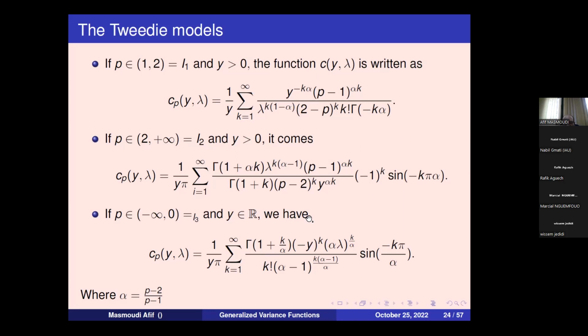The second and third expressions are probability density functions in y, right? But the sum is from 1 to infinity. Can you confirm that the function is a PDF? Then in the third expression, the exponent of y should be negative.